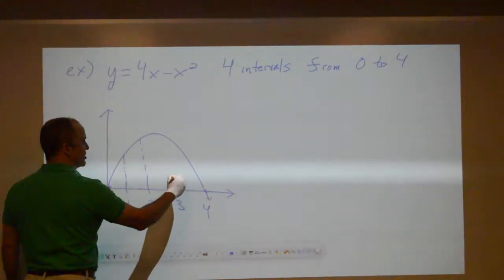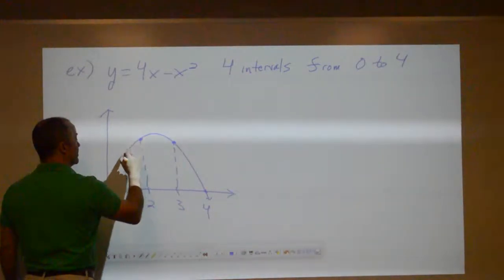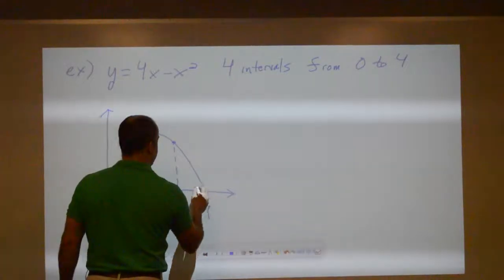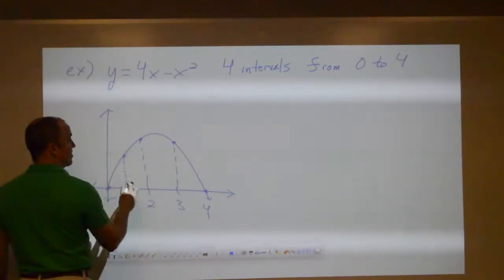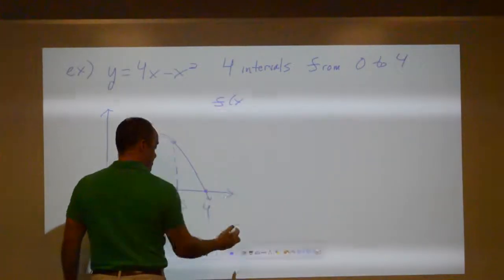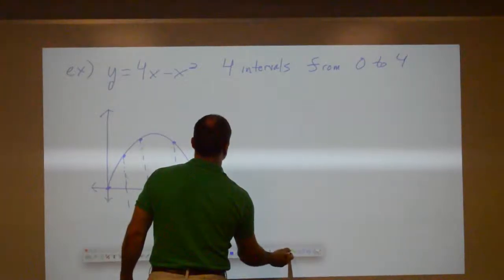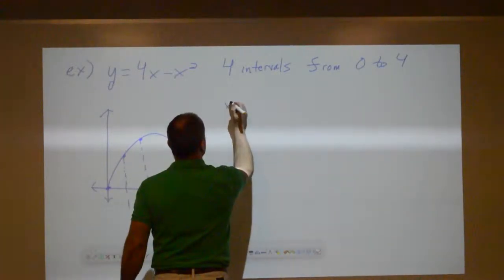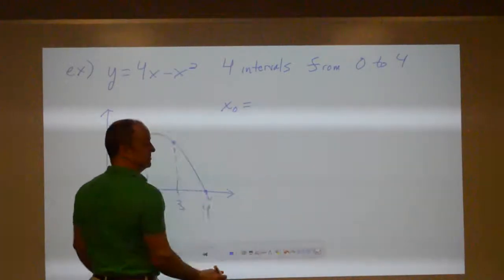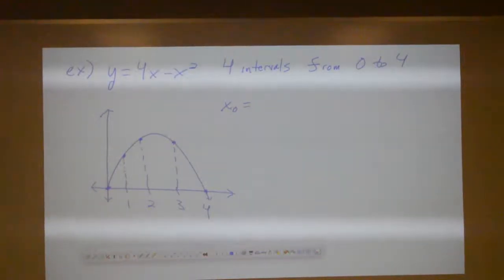Using the notation that I got from the book, from Simpson's Rule, let's see what we're going to need to know. What is x sub 0? Everything going okay?